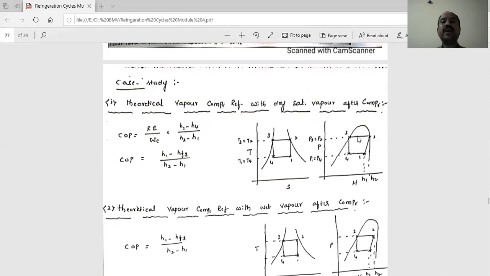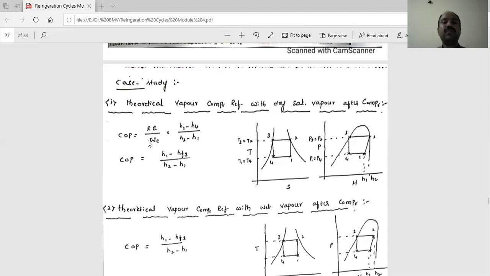Then 2 to 3 is the constant pressure, isothermal heat rejection process. Then 3 to 4, once again expansion. 4 to 1 exists here. Dry saturated means point 2 should be exactly on the curve.